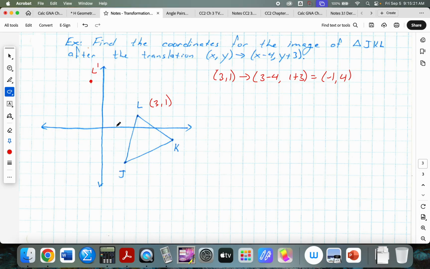So then K is at 6, negative 1. So 6, negative 1 is going to map onto 6 minus 4, negative 1 plus 3. So that's going to be 2, 2.